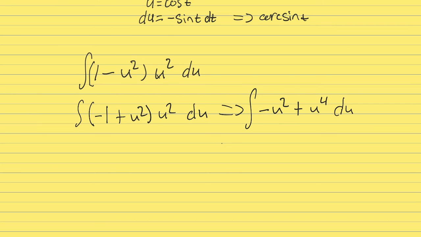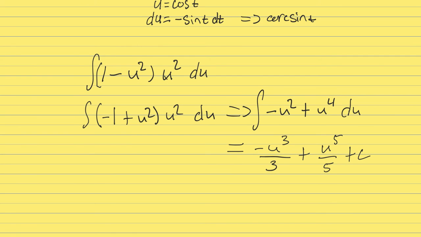Now solving the actual integral itself is going to be negative u cubed over 3 plus u to the fifth over 5 plus c. We're not done. All we have to do now is turn this back into terms of x.